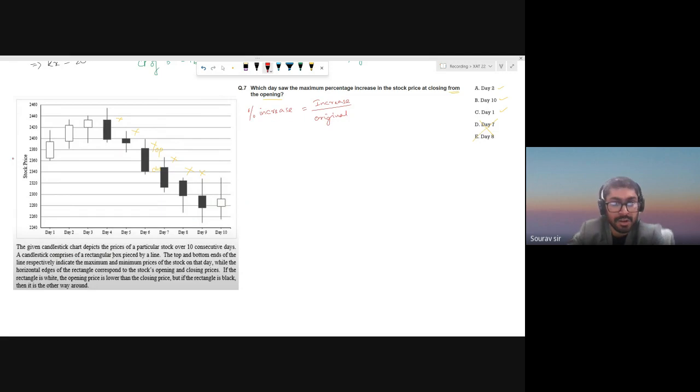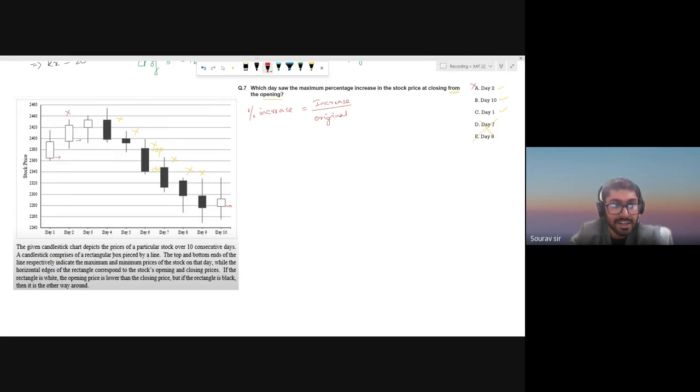So if we have to check the original prices, here the original opening price and here the original opening price, both of them are lower than the opening price here, for days 1, 2, and 10, right? Yes. So as we know, for a fraction, the lower the denominator, the greater the fraction. So we can simply not check option 2. It won't be the answer.